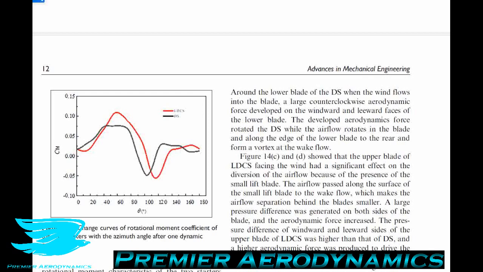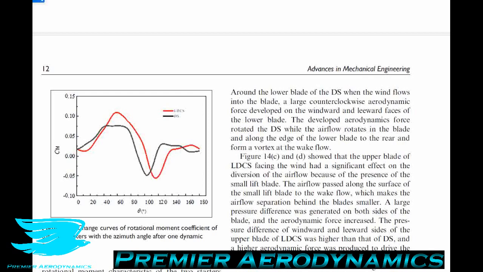The lift and drag blades are better than the drag only blades for much of the rotation. Also, we can see here the red line, which is for the lift and drag blades, is usually significantly higher than the black line. There are only a few regions where it's lower, and often not by as much as it is higher than. Also, the minimum rotational moment coefficients of these 2 types of blades were very similar, hovering around -0.05 here.